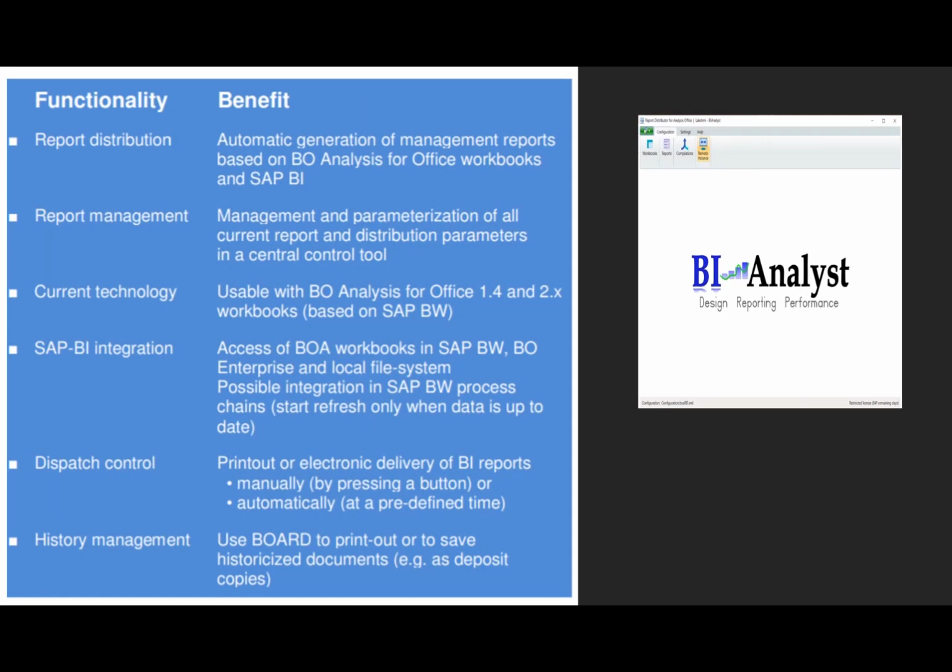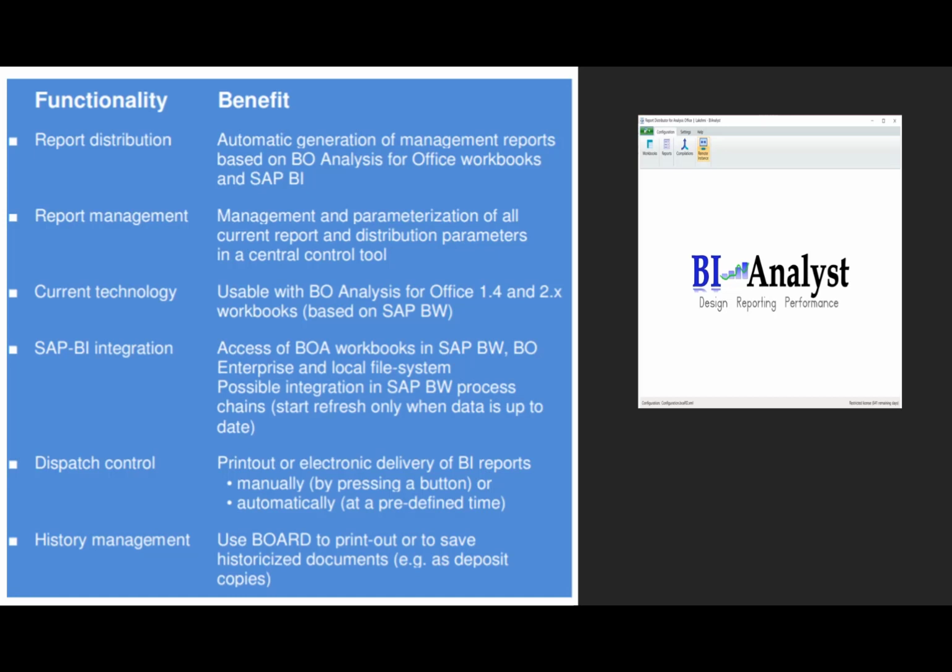So, what is the major benefit we find in the BO Report Distributor tool out of its functionality? The report distribution, where you can automate the reports based on BO Analysis and SAP BI, and the report management, where you can centralize the parameters of the current report and distribute them in the central control tool, which is also opted for the current technology usable with BO Analysis for Office.